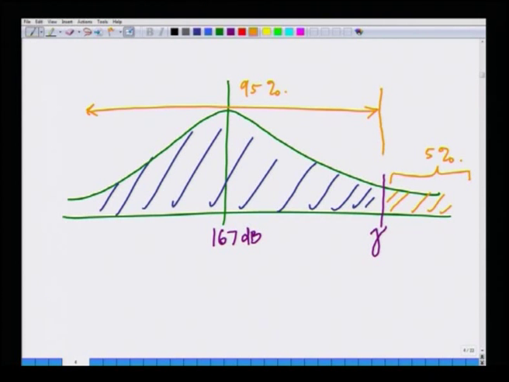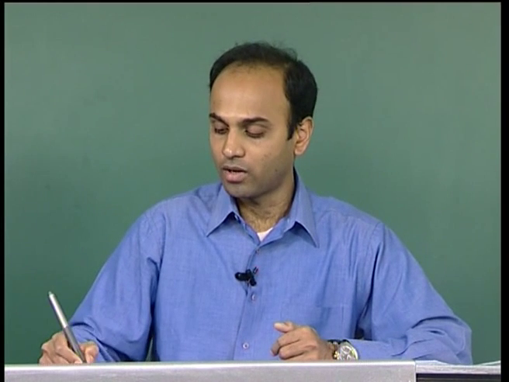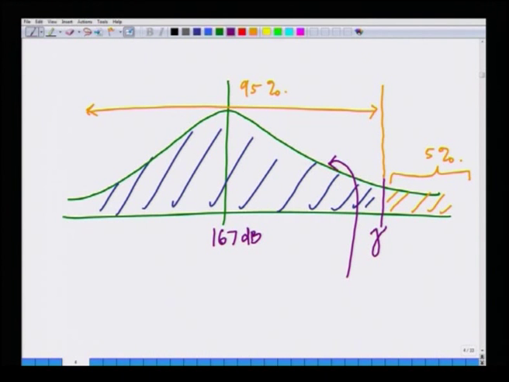So, if I were to draw this, 95% of time it is less than gamma and only 5% of time it is greater than gamma, because this is the path loss which is a random variable and this is the distribution of that random path loss.